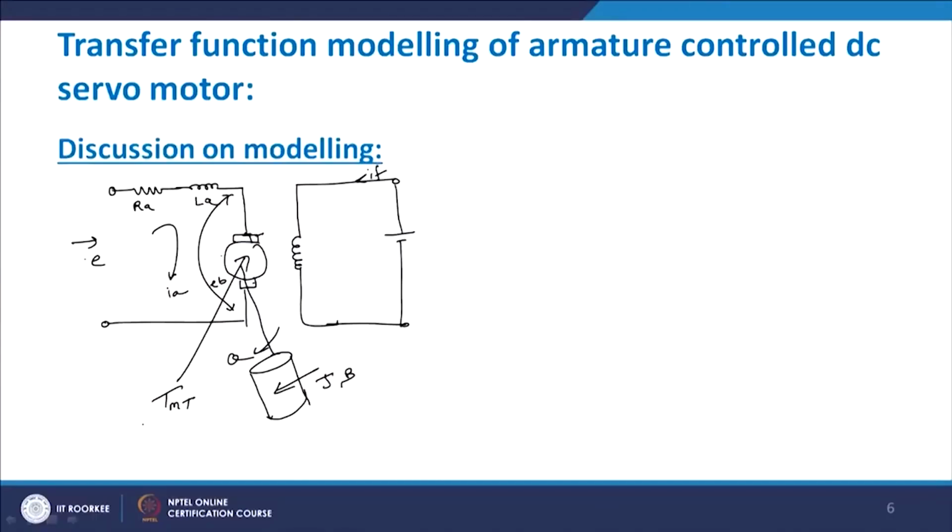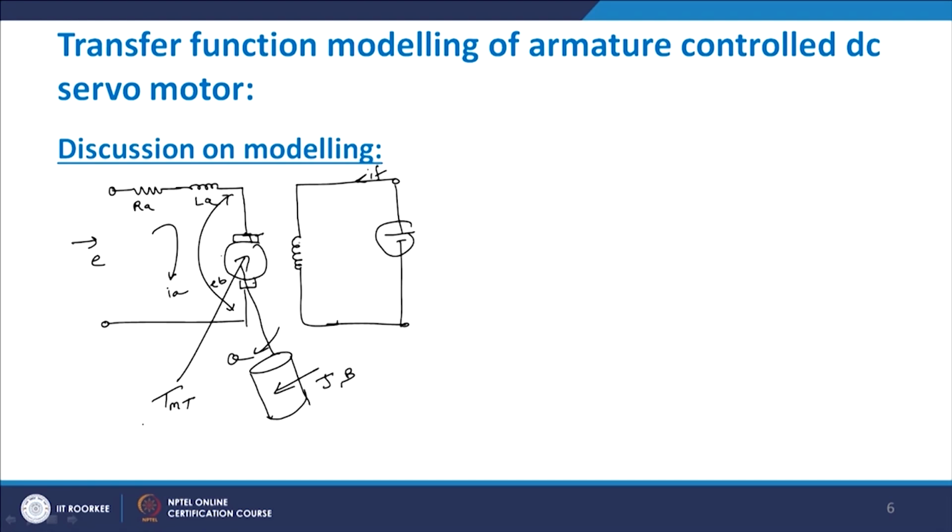Therefore, if you see in this particular circuit diagram, we have applied voltage. Applied voltage to the system is why it is called the motor. So, here we find that this is a field winding. What is the purpose of the field winding? It is to produce the flux, and this is the supply to produce the field current.